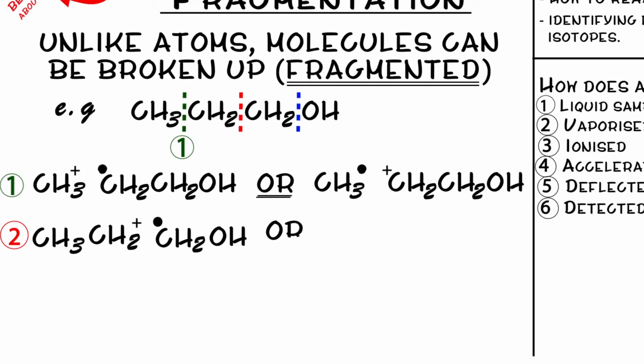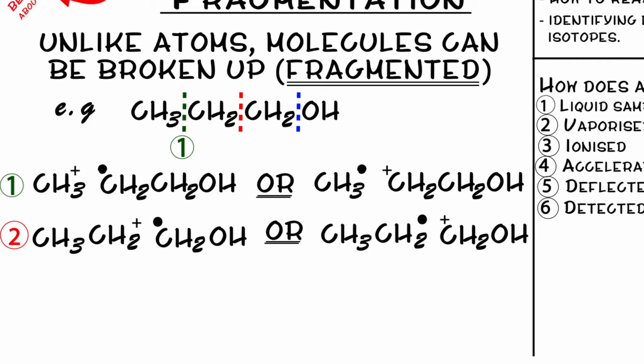Or you could form the opposite. So this one could be the radical and this one could be a positive charge. So we'll write that down on there. So you can form CH3, CH2, radical, or you could form CH2, CH2, OH, and that could have a positive charge.